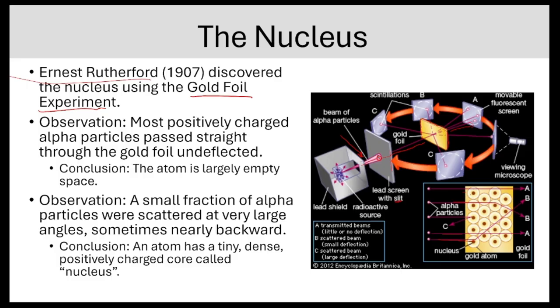And then he also saw that a small fraction, about 1 out of 8,000 alpha particles, were deflected at a very large angle. We can see here some of the particles were deflected at a very large angle, and some of them even backtracked to the same position as the source.